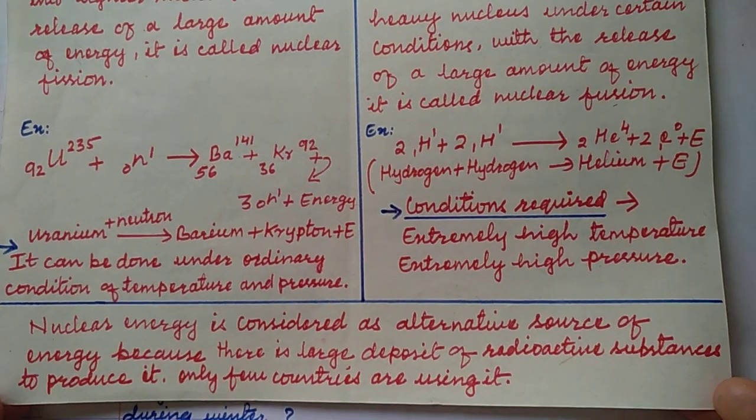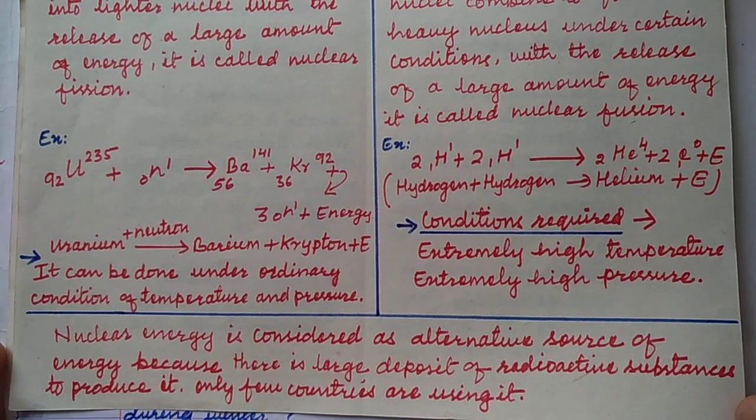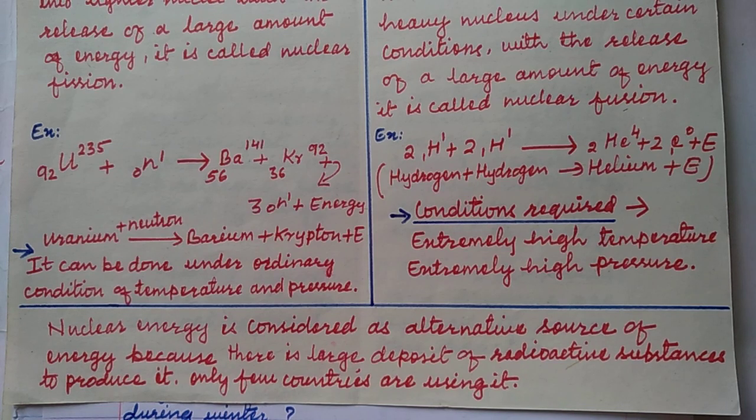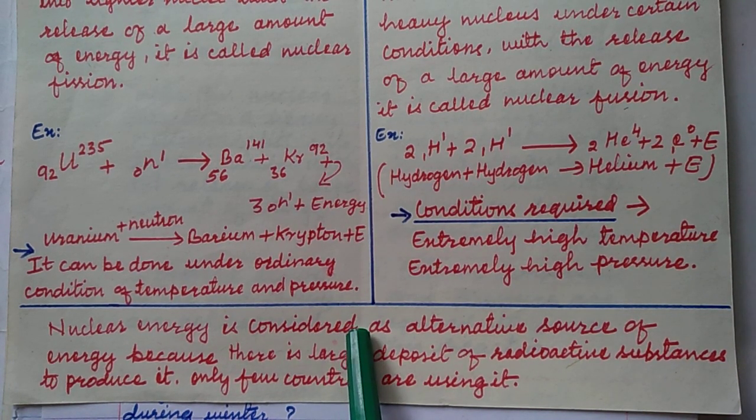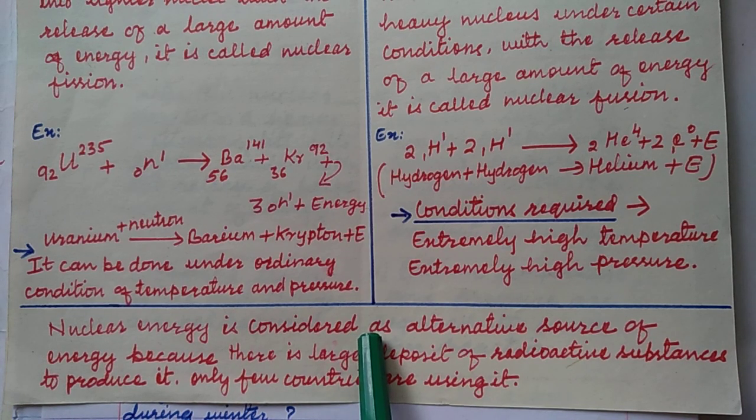Now we are going to see this point in nuclear energy. Nuclear energy is considered an alternative source of energy because there is a large deposit of radioactive substances to produce it. Only a few countries are using it. So the question is asked: nuclear energy is considered an alternative source of energy, give reason. Nuclear energy is a non-renewable source of energy, because once the radioactive element is used to produce nuclear energy, it gets finished.